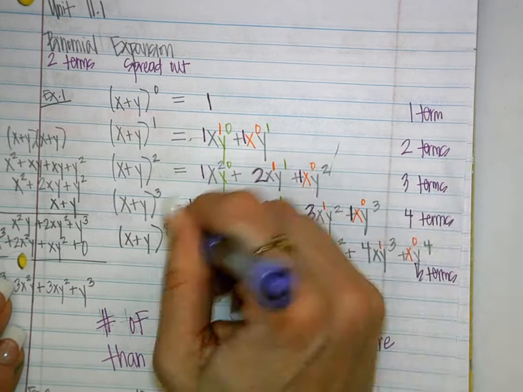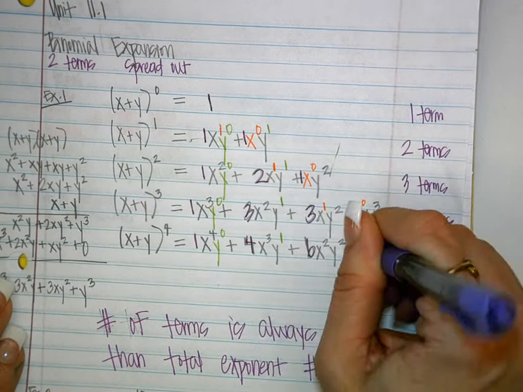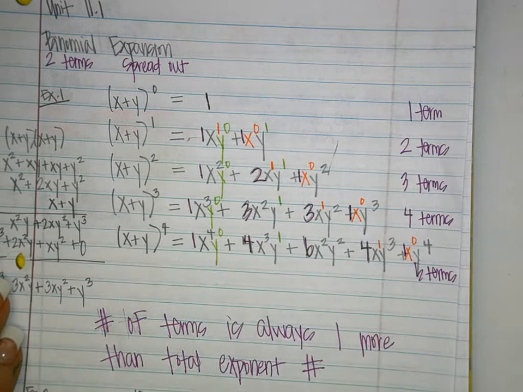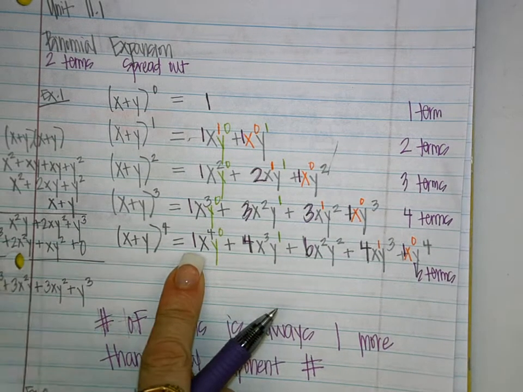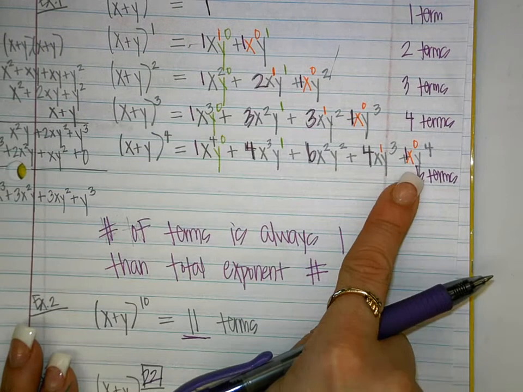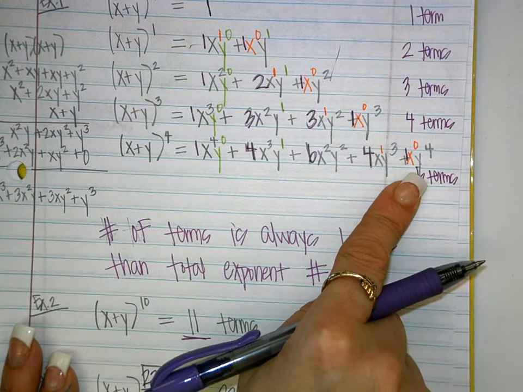What are you noticing here? What's the pattern? Very close, right? First off, the first term is always a 1, and the last term is always a 1. Do we see that?